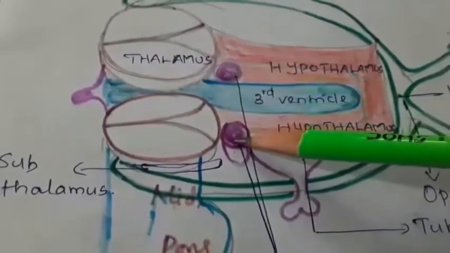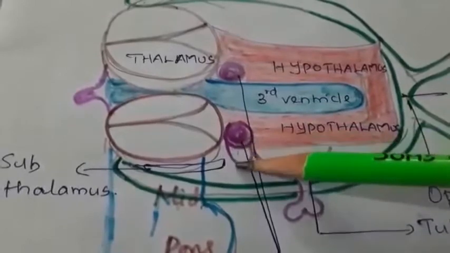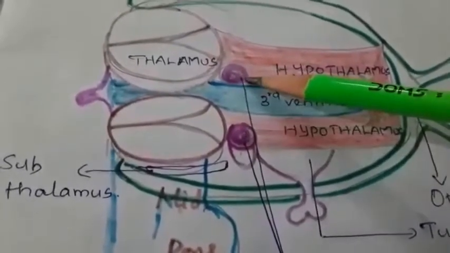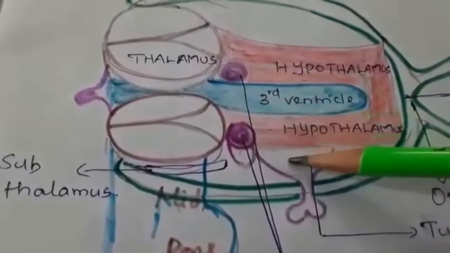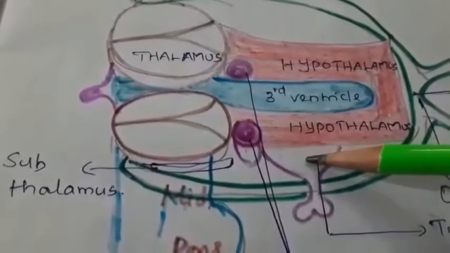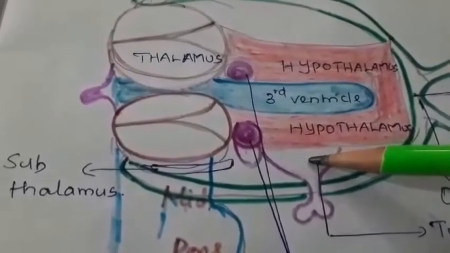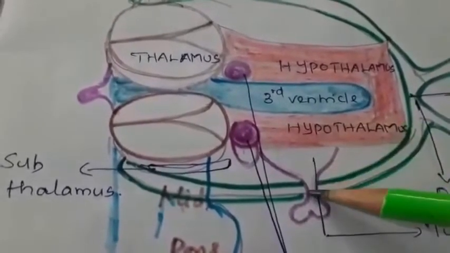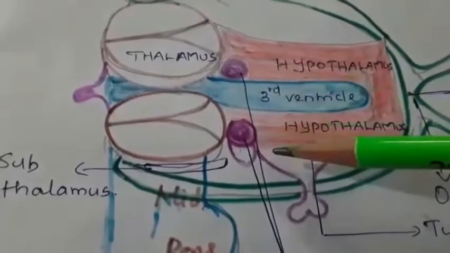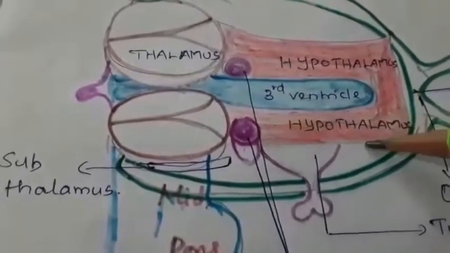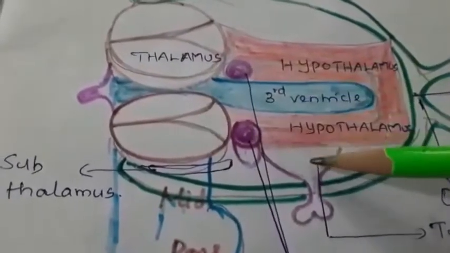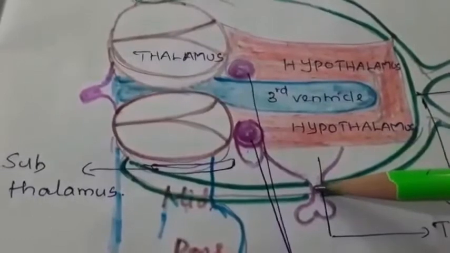These are the 2 swellings present on the inferior aspect, the 2 mammillary bodies, and there is another big swelling on the inferior aspect known as the tuber cinereum, and this stalk is called the infundibulum. So what are the structures forming the inferior surface of the hypothalamus? The mammillary body, the tuber cinereum and the infundibulum.